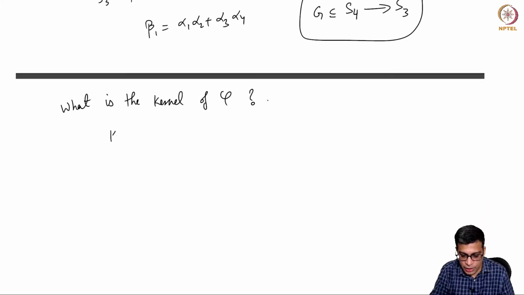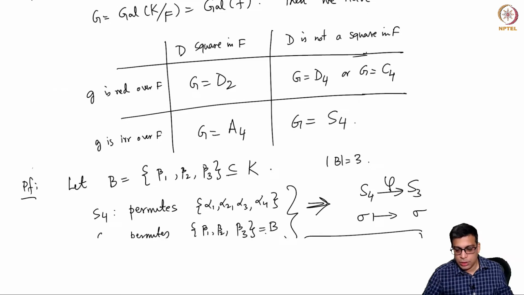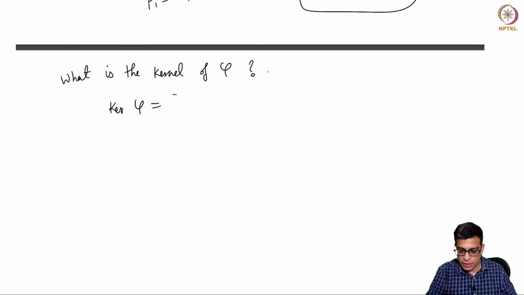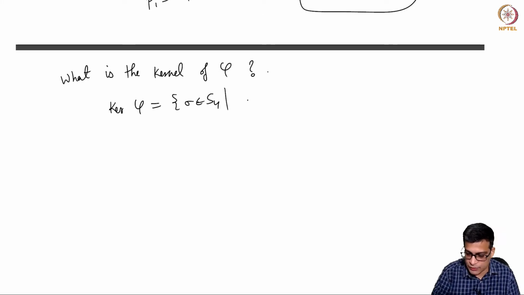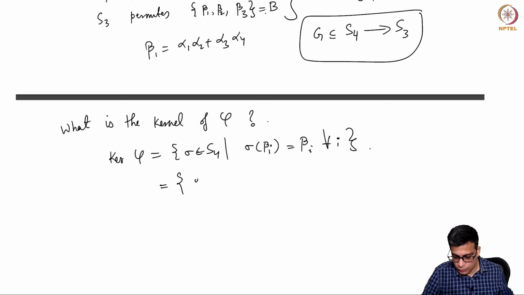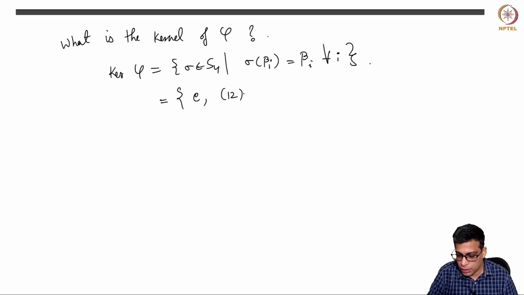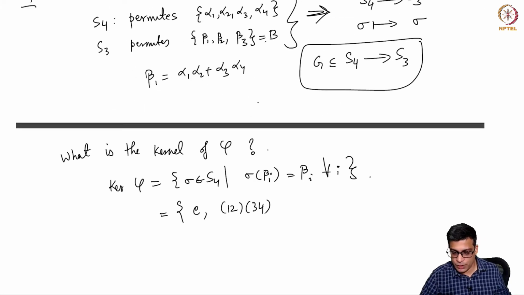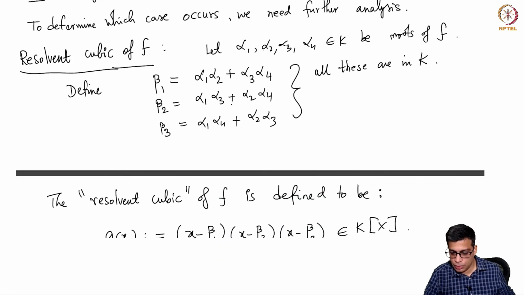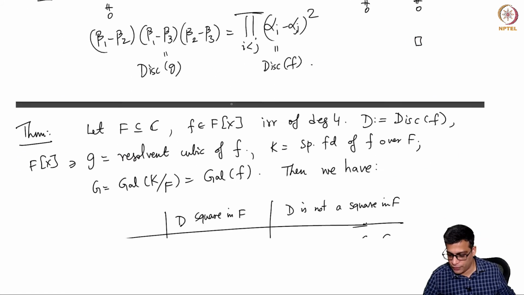So, kernel of phi is all the things that fix beta i, that means it consists of elements of S4 which have this property. Of course, the identity will be there, it will also contain this, because this fixes beta 1, this also fixes beta 2, and this fixes, because alpha 1 goes to alpha 3.